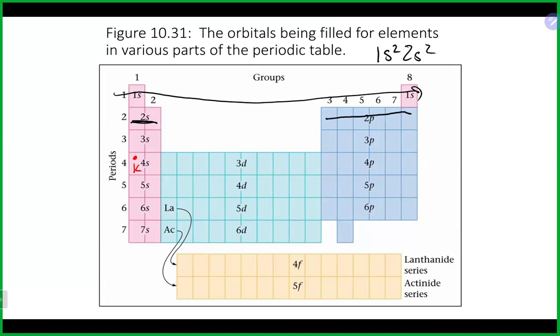All the way across there gives me 2p6. These guys right here give me 3s2. All the way across here, 3p6, and then 4s, as I run out of room there, 4s1 at the end. So you can literally count it off.